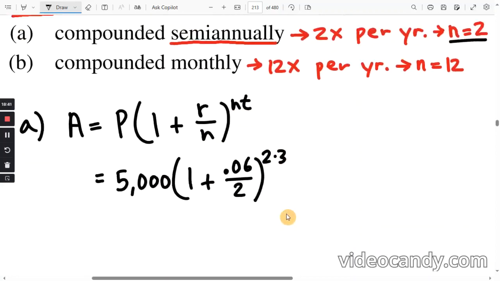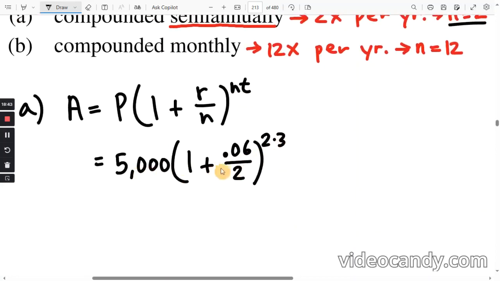Now, you can enter it on the calculator just like this. You have to use parentheses around your exponent on most calculators. Or if you want to clean this up, it's going to be 5,000 and 0.06 divided by 2 is 0.03, and 1 plus that is going to be 1.03.